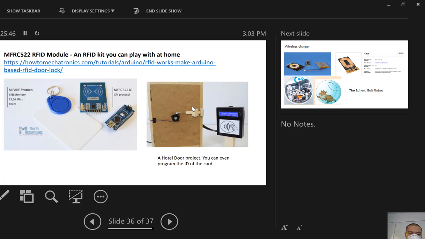So we have an experiment with RFIDs. It's a door latch, but we won't fabricate a door in a shop. I don't think it's necessary. Just try to mimic it. There's a door, and the way that you can tell the door is locked or not is that I'm going to use the IR sensor.